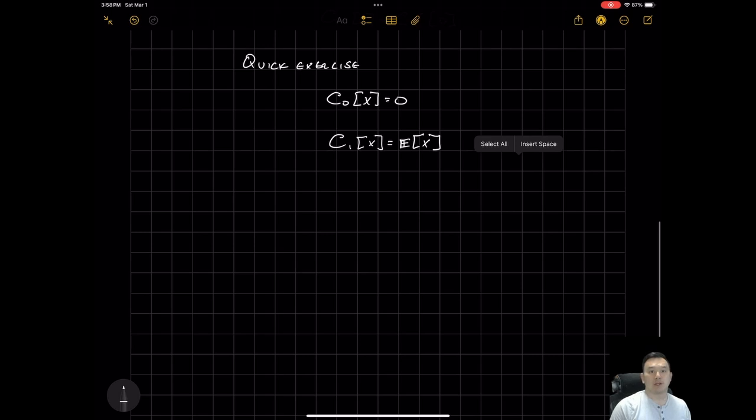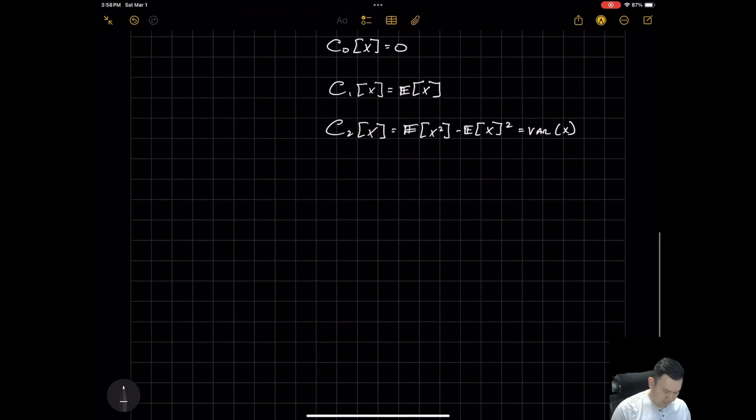Our first cumulant at the first derivative at t equals 0 is just our mean. And then finally, our second cumulant at the second derivative at t equals 0 is our variance, as you'll see here. And we would continue taking successive derivatives with respect to t in order to get the remaining cumulants.